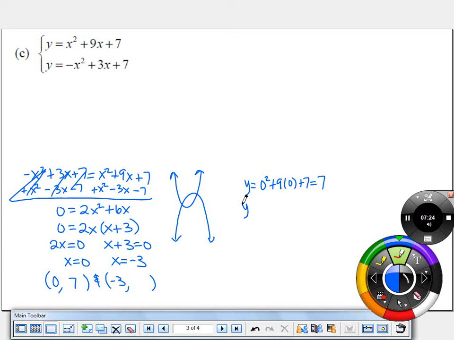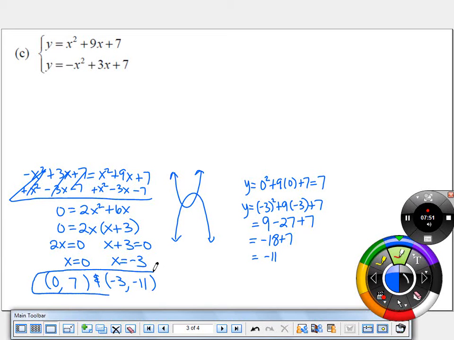And if we plug negative 3 into that equation, we have to do a little more work to get our answer, but we have 9 minus 27 plus 7. So this is going to be negative 18 plus 7, and that's going to be negative 11. So these would be our 2 points of intersection here.